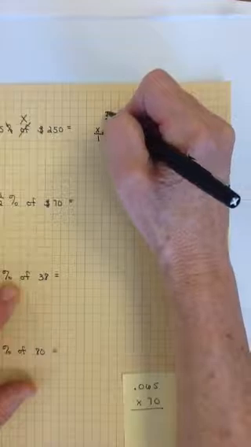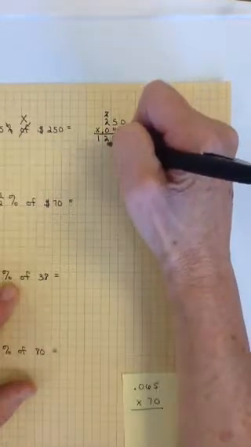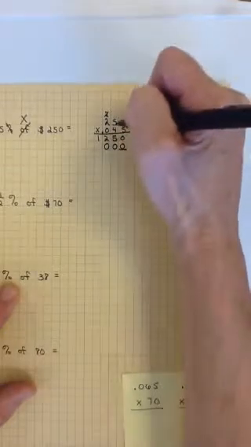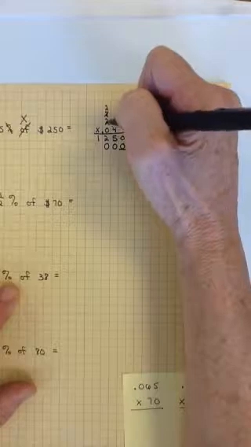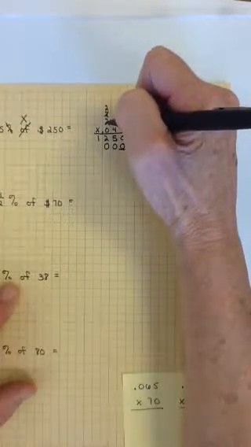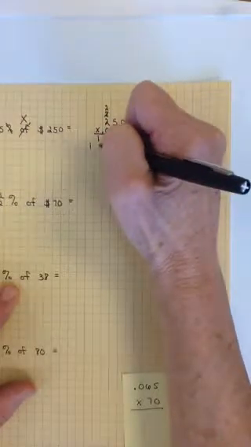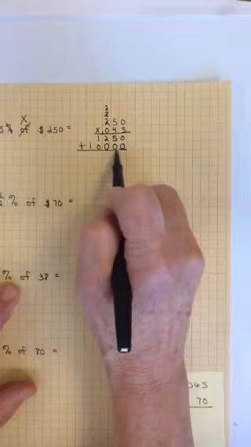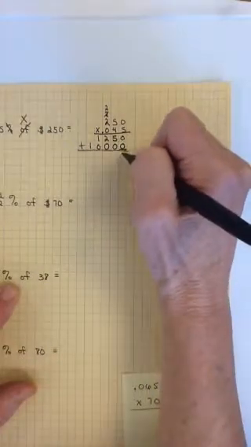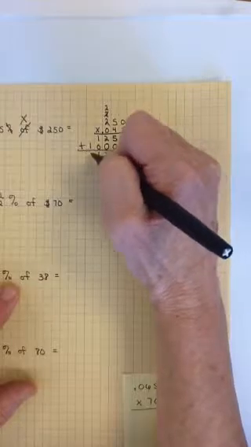Oh, I forgot to cross that off. 4 times 5 is 20. I put down the 0 and I carry the 2 to the next place. Then 4 times 2 is 8, plus this 2 more is 10. Now I'm ready to add, and I get a 0 in this column, 5, 2, 1, 1.